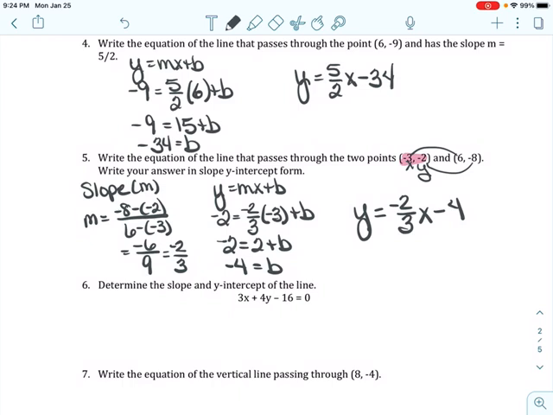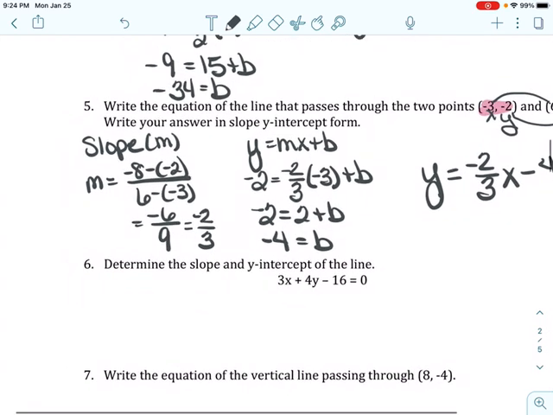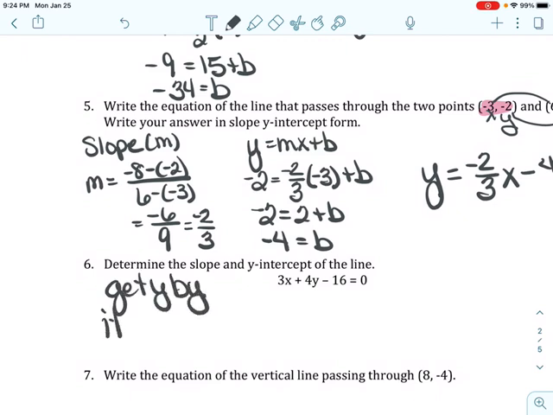These are all different problems that have to relate to either y equals mx plus b or writing equations. Okay? All right, so we need to find the slope and the y-intercept. Basically, get y by itself. So I'm going to subtract the 3x.